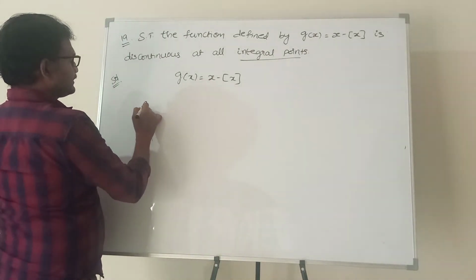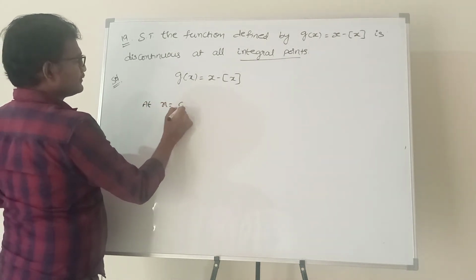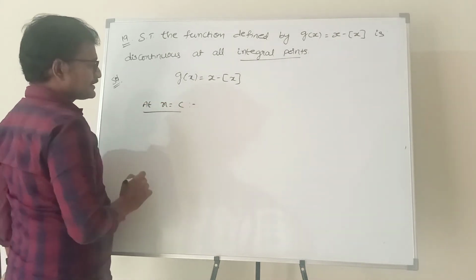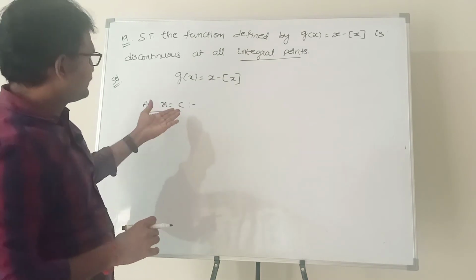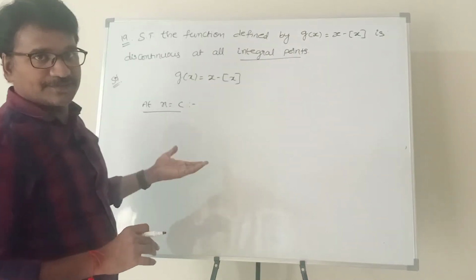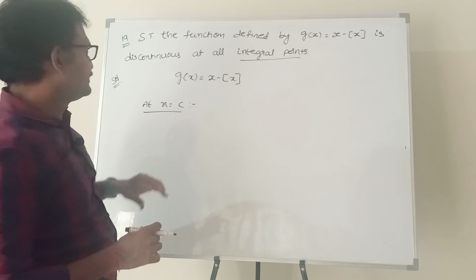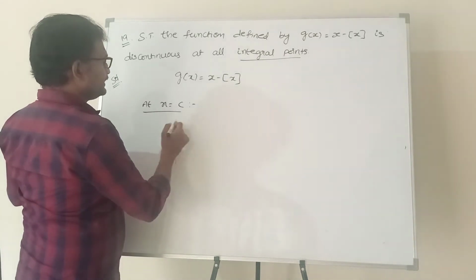So if you take x equal to c, what does c denote here? c denotes an integer. It may be 1 or 2 or 3 or minus 1 or minus 2 or minus 3. So c denotes an integral point, an integer.